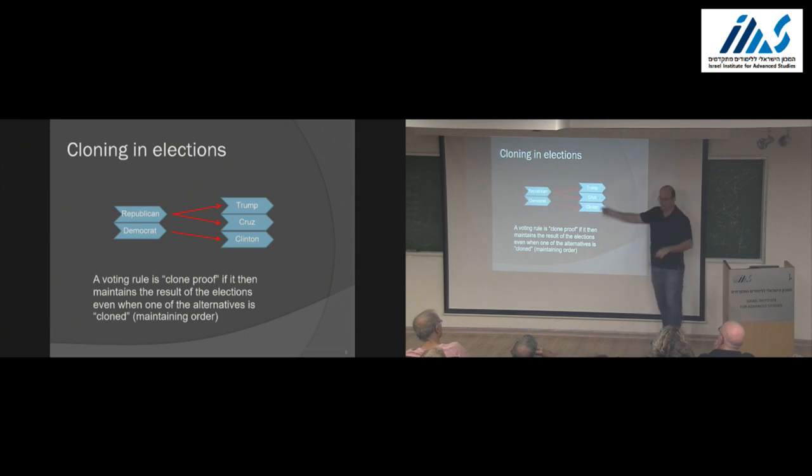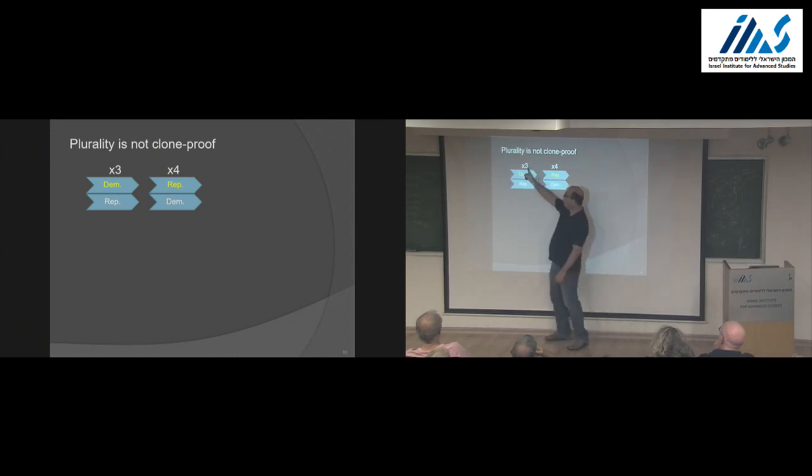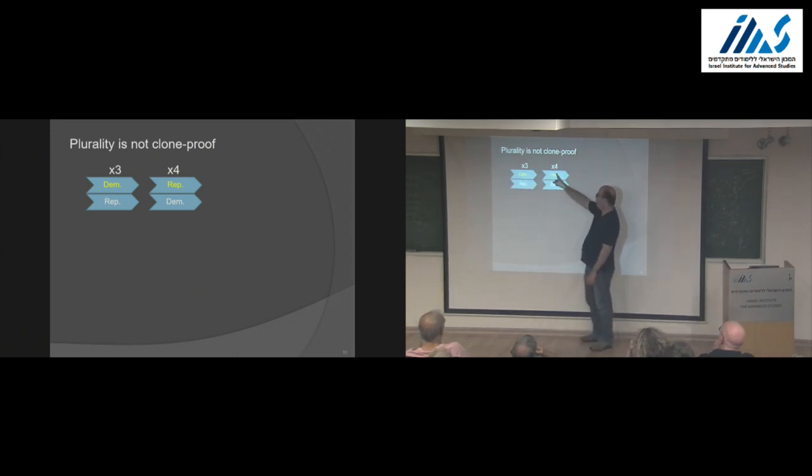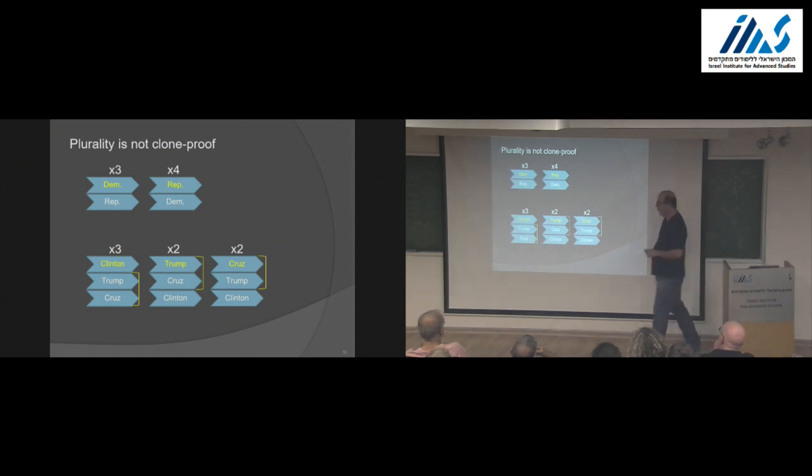So Trump and Cruz, and you can probably guess what this does. If you have a bunch of voters, 3 voters that prefer Democratic candidates to Republicans, and 4 that prefer Republicans to Democrats, the Republicans are supposed to win here. There are 4 people who prefer Republicans to Democrats, but because we split the votes of the Republican Party, right?